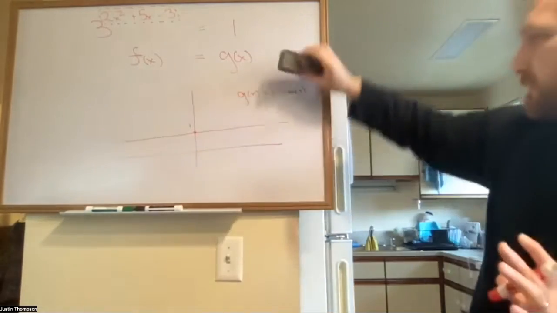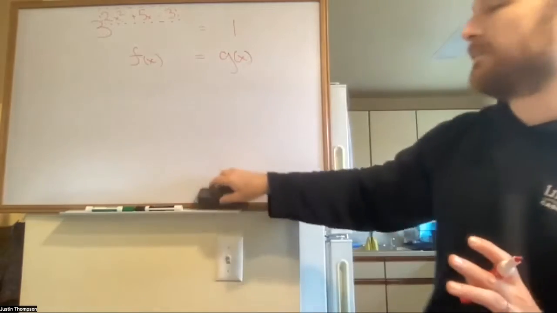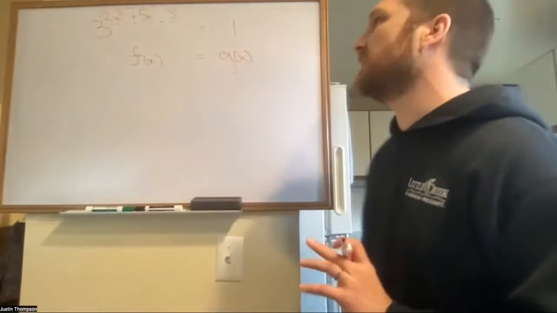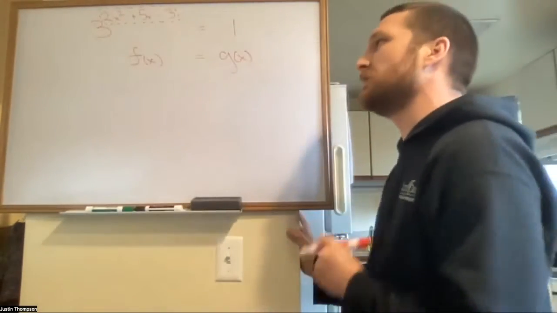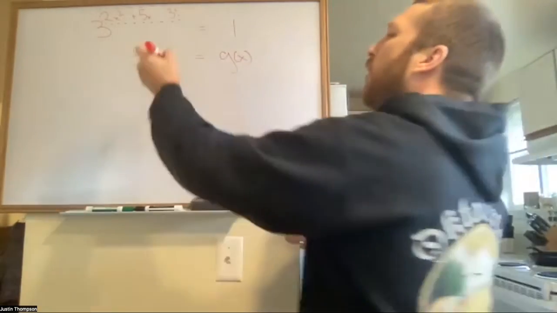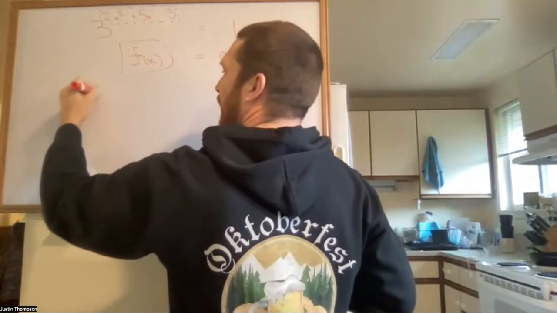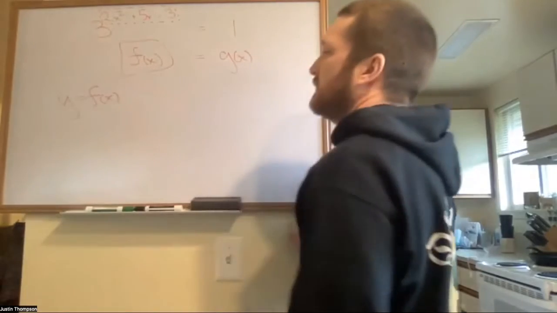But the idea is this: you have some kind of equation that you're trying to solve and you don't know what to do. This is a really good principle. You could just say, well, why don't I treat this thing as a function in and of itself, and I'll plot y equals f of x.